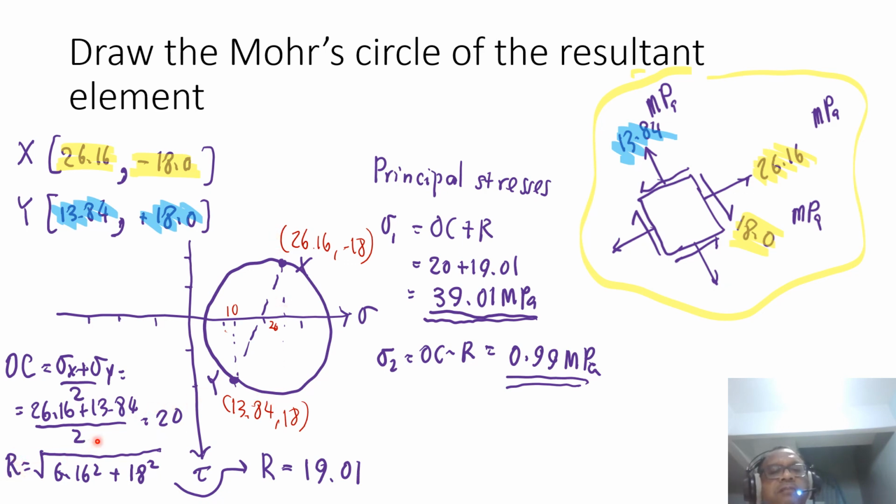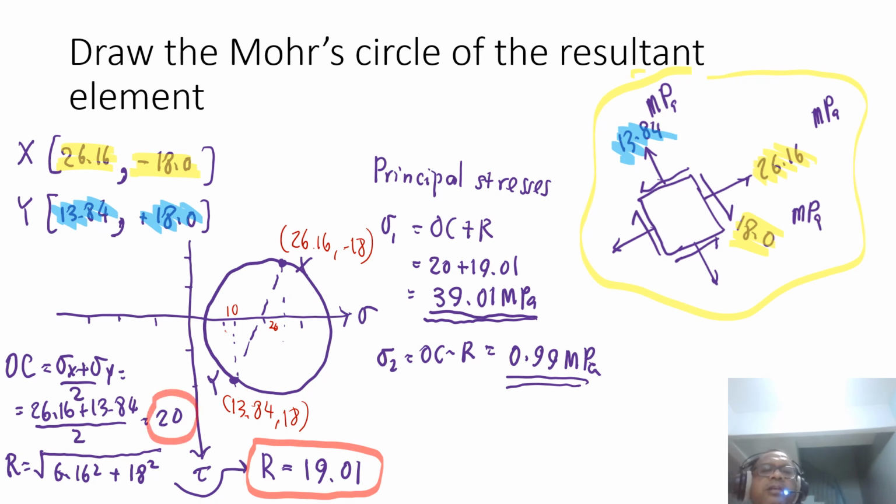This is the radius of the circle. It is the difference, 26.16 minus 13.84 divided by 2, you've got 6.16, and then the tau is 18. And we have calculated the radius to be 19.01. So that is our radius. That is our OC.